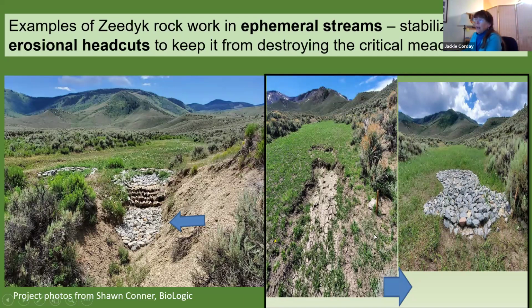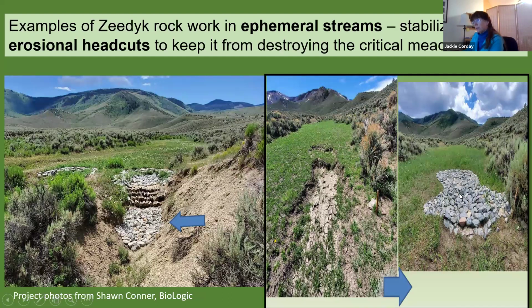So depending on how deep that head cut is, that will dictate what approach you take to stop that head cut. So for here on the right-hand side, you see it's not very deep. It's maybe a foot or a little bit more. And so one layer of rocks was enough to stop that head cut.